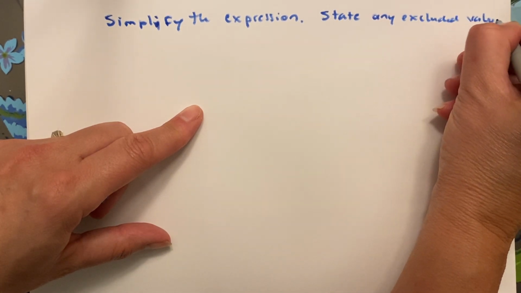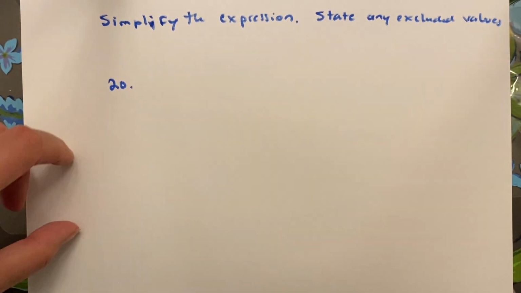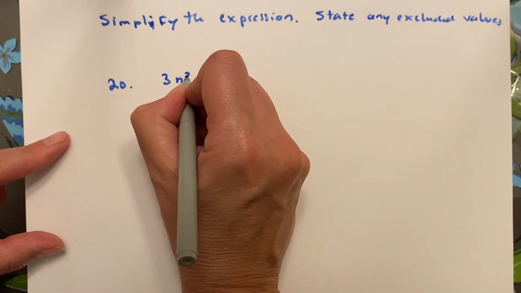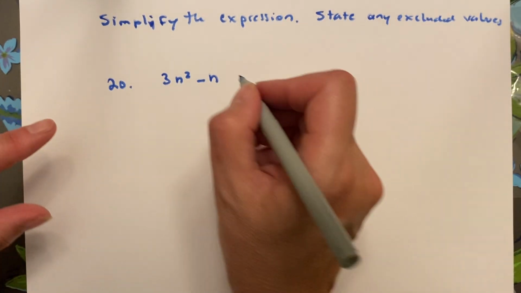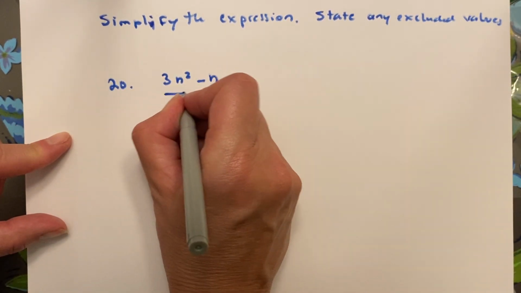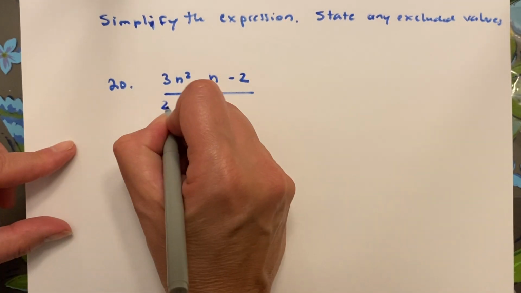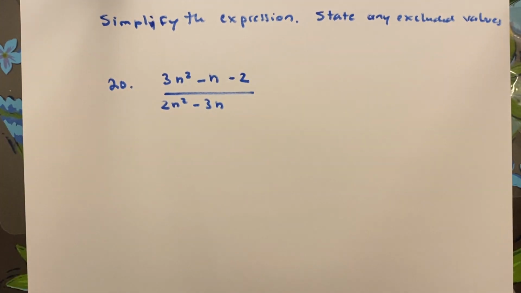We're going to do number 20: 3n squared minus n minus 2 over 2n squared minus 3n plus 1.